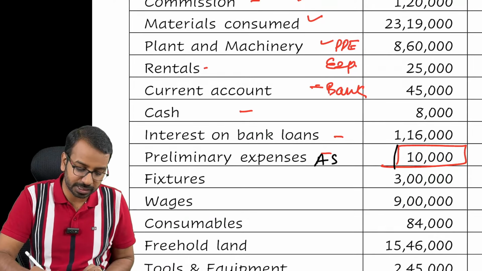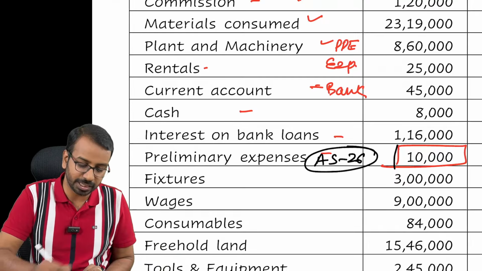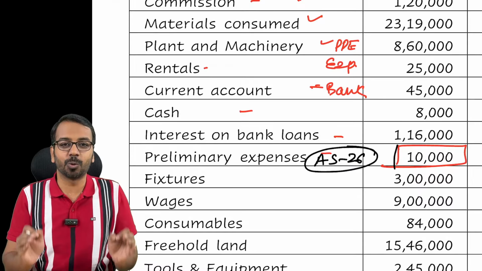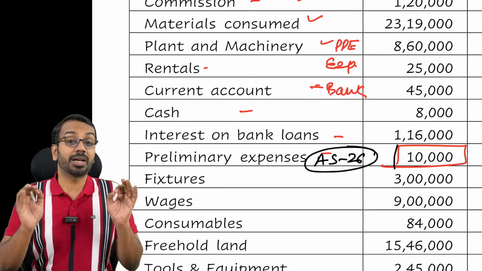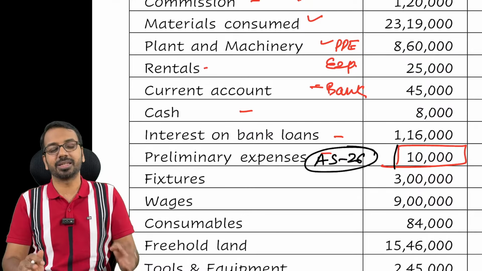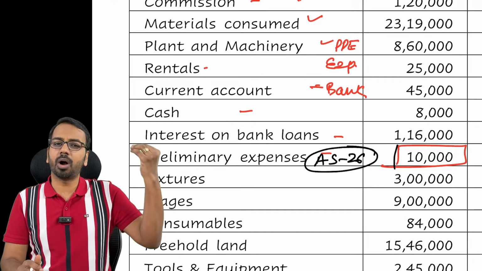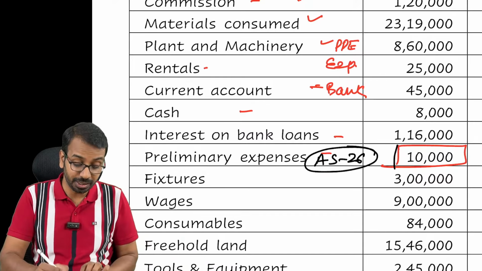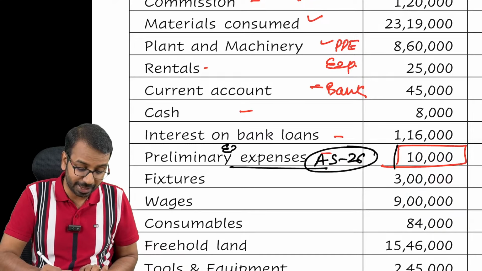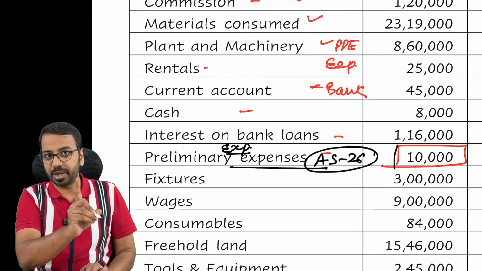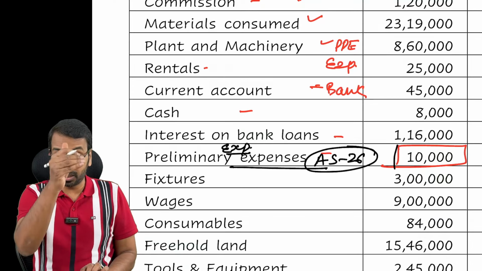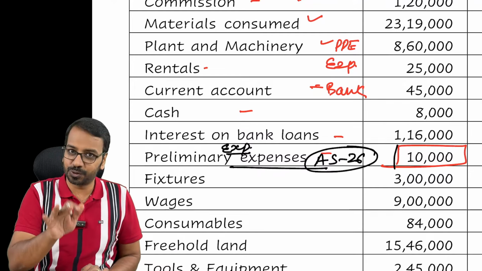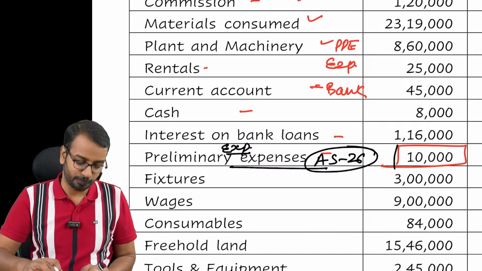As per Accounting Standard 26 on intangible assets, preliminary expenses should not be shown in the balance sheet. It should be considered as an expense immediately. See, what income tax says is very different, but when it comes to accounting, this will always be shown as an expense. In your notebook, make this as an important item, or in the list of adjustment, note this down so that you don't get confused when you are appearing in the examination.